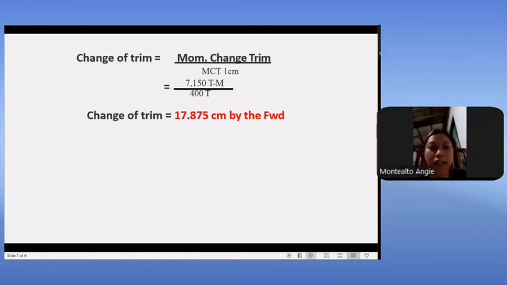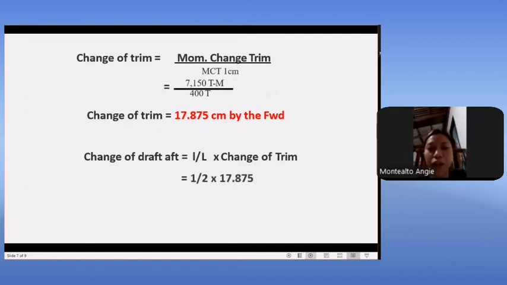To get the change of draft aft, we use the formula small l over L times change of trim. Since there is no given, big L is the length of the ship, and small l is one half of the length of the ship.